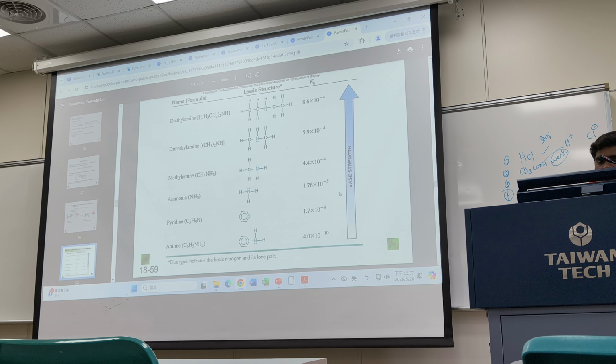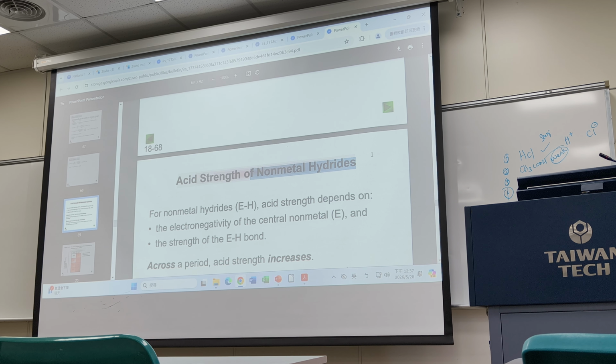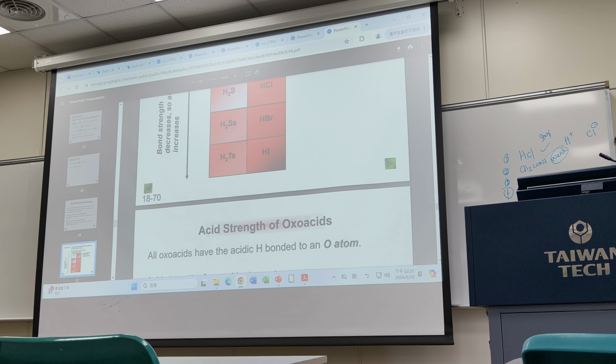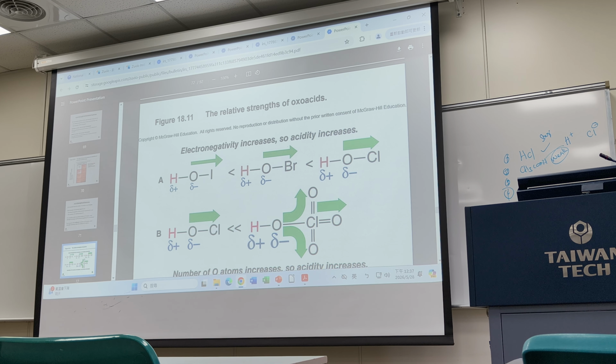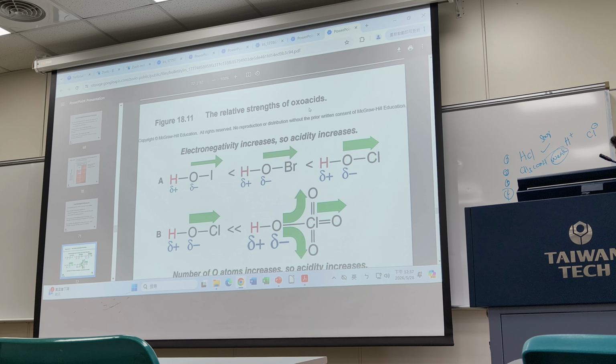Then acid strength for non-metal hydrides, acid strength for non-metal hydrides. This one, and I can keep oxo acid strength.